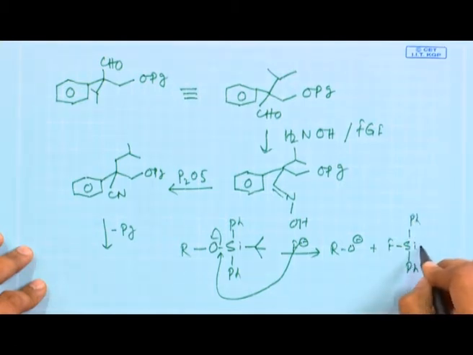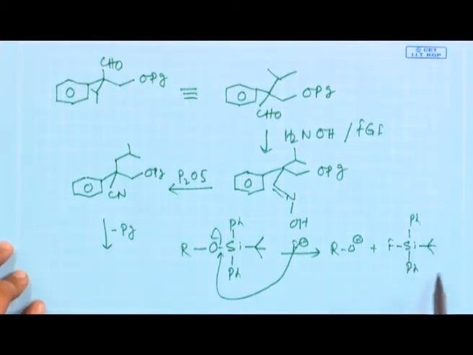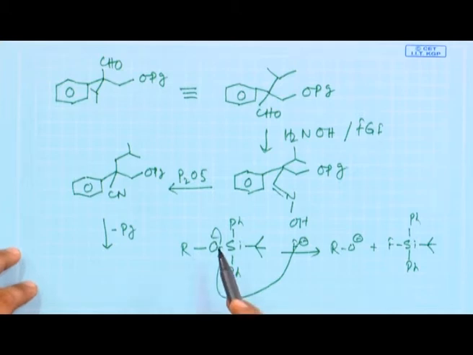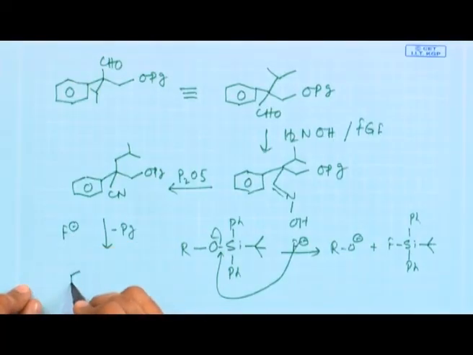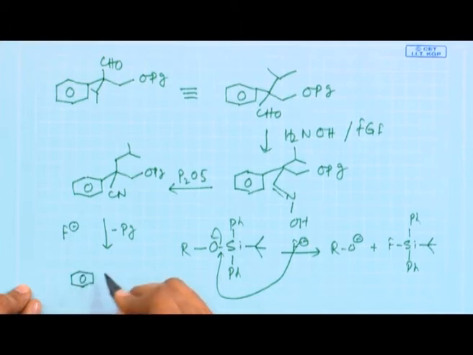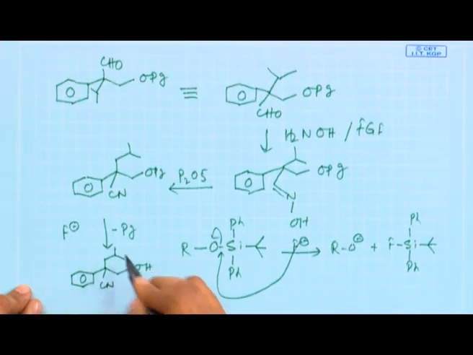Silicon is very much fluorophilic, the silicon-fluorine bond energy is very high. That is why normally if you have an oxygen-silicon bond or carbon-silicon bond, the best way to cleave it is treatment with a fluoride source. Then you can access the target molecule. You will get an OH here, you get a cyano, the target molecule.